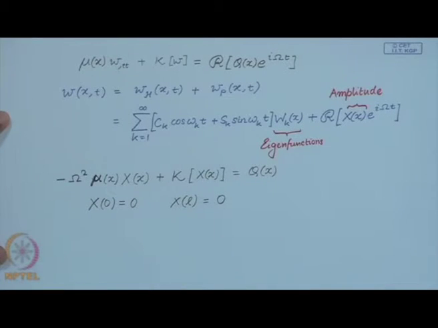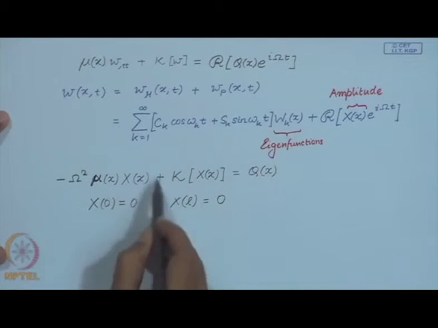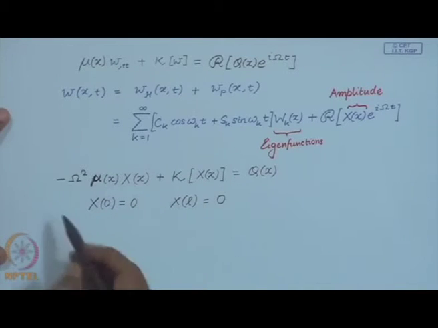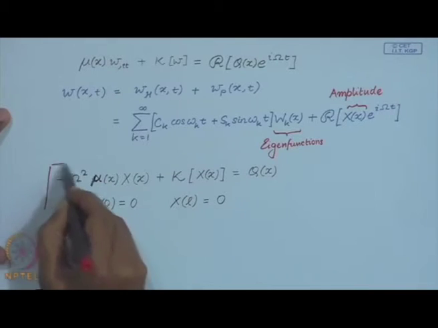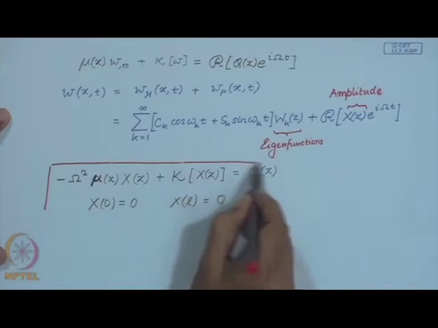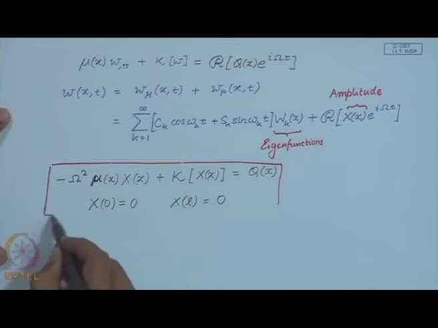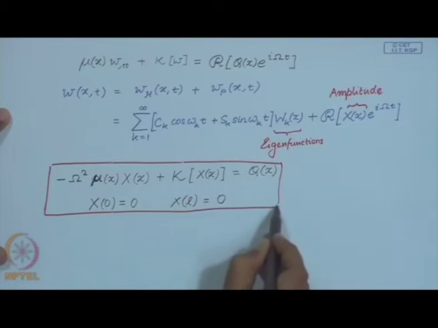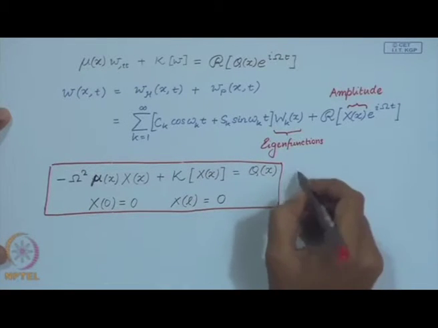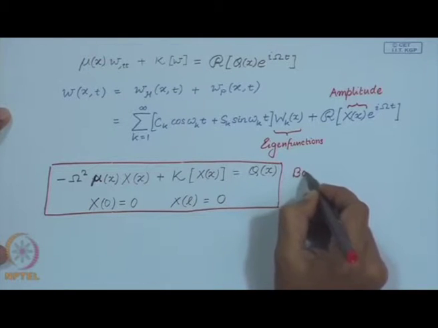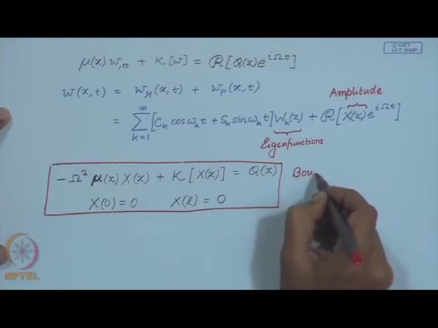So, what we obtain is a differential equation in this amplitude function along with these boundary conditions. This specifies what is known as the boundary value problem.